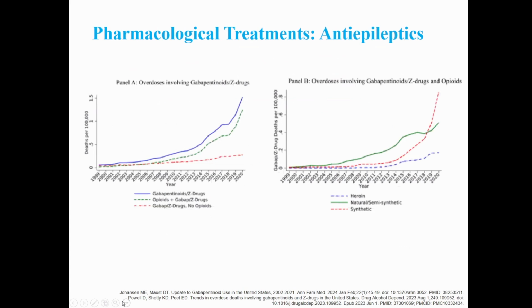The other thing with gabapentinoids to be aware of is that a lot of times people are using them off-label for pain management or for other indications, and they can be of concern when they're combined with other medications, such as what we call Z drugs, which are a lot of our sleeping aids like Zolpidem, Eszopiclone or Lunesta.